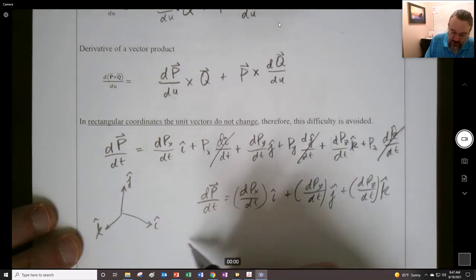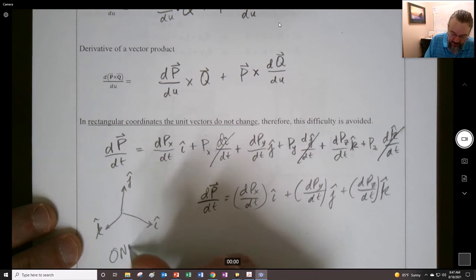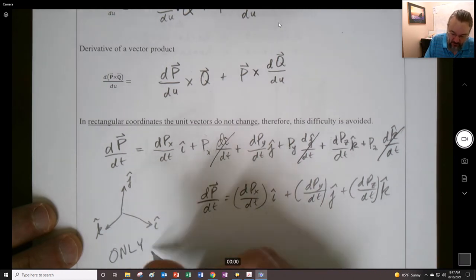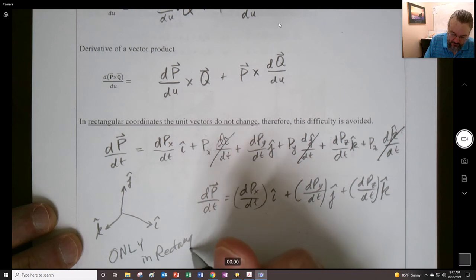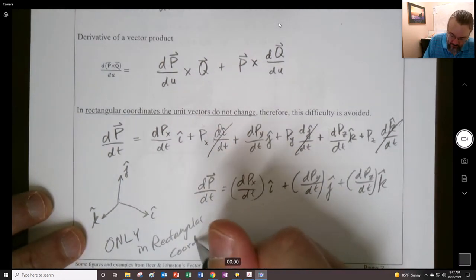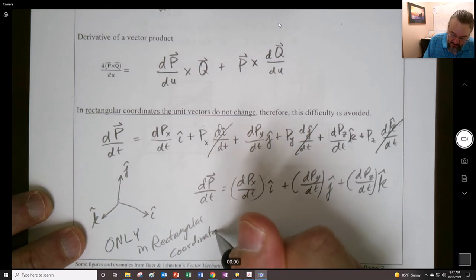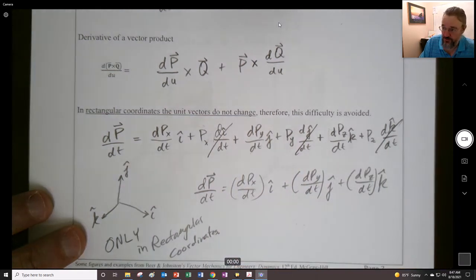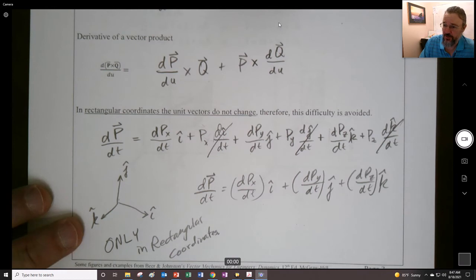And this is only true in rectangular coordinates. It's not going to be true in other coordinate systems, because almost every other coordinate system has some portion of it that changes with respect to time.